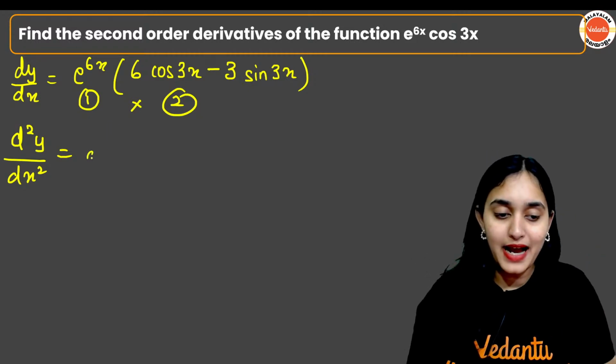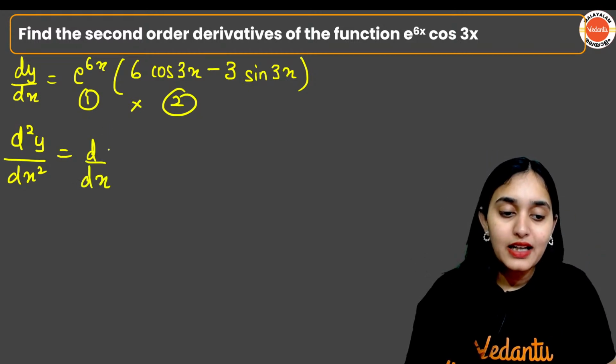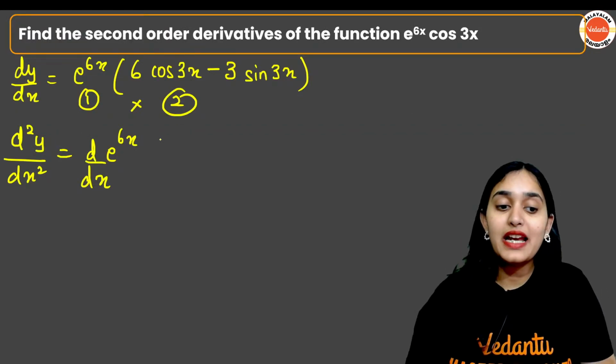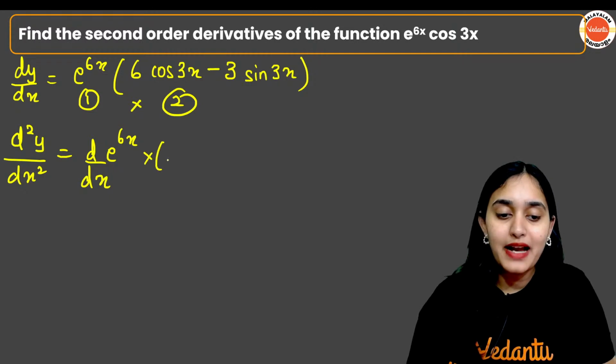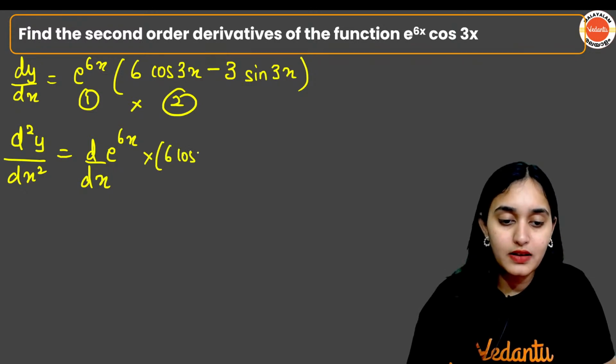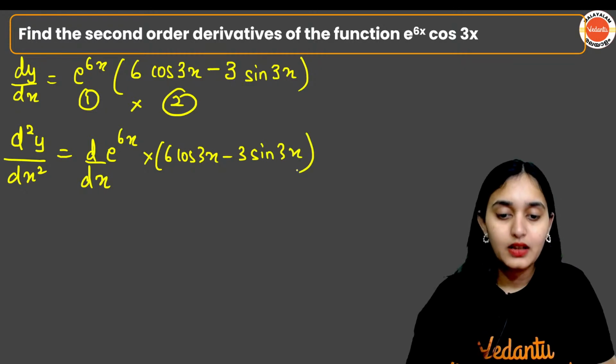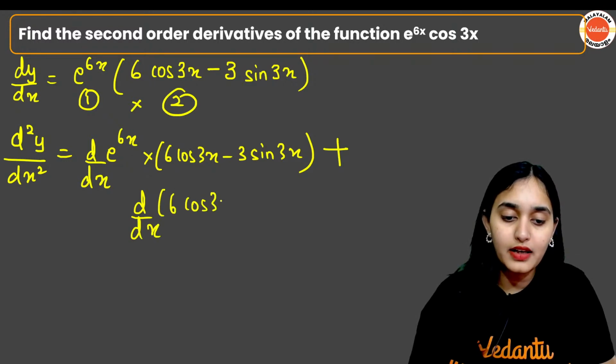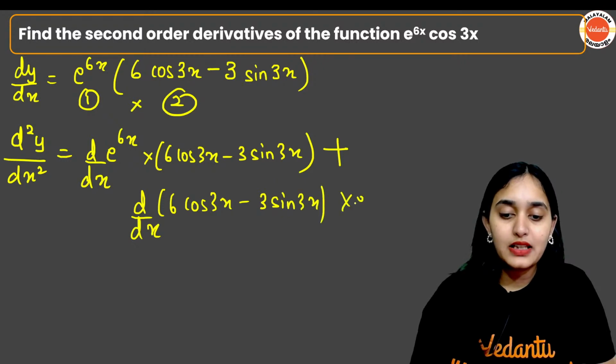Differentiate e to the power 6x and multiply with the second function, 6 cos 3x minus 3 sin 3x, plus differentiate the second function, 6 times cos 3x minus 3 sin 3x, and multiply with e to the power 6x.